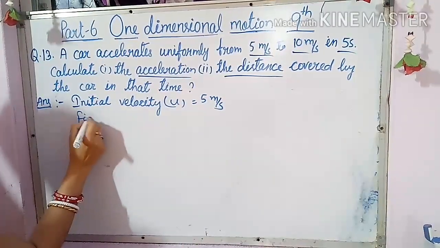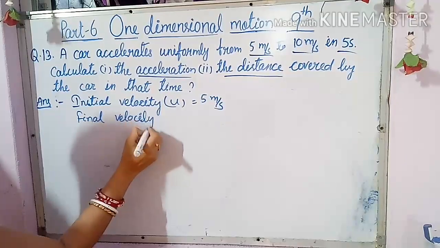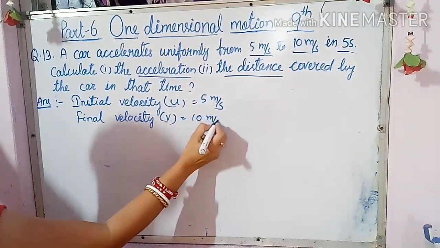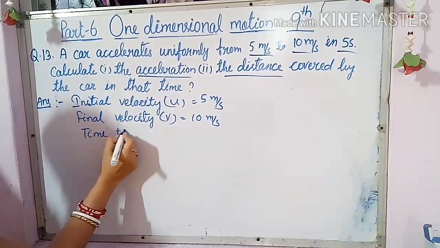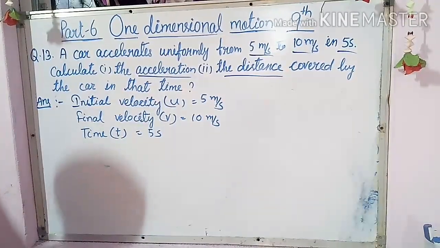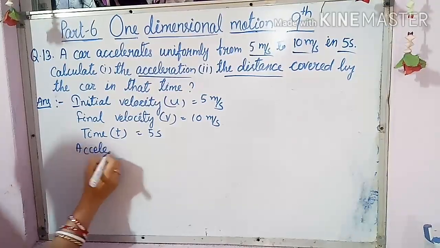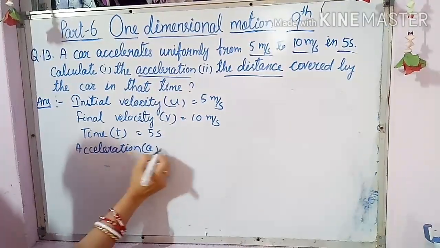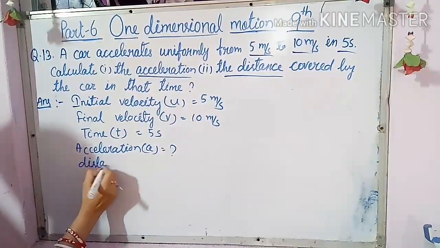Final velocity V equal to 10 meter per second. Then time T equal to 5 seconds. So these many things are given. Asked is acceleration: acceleration A equal to question mark, and distance S equal to also question mark.